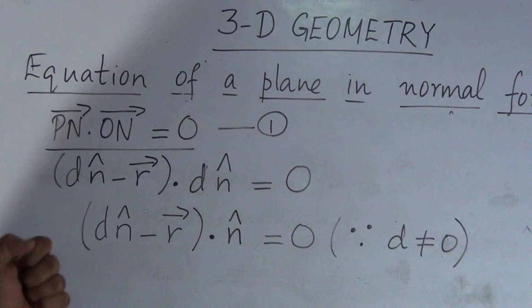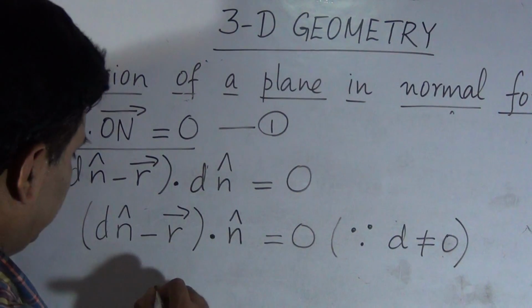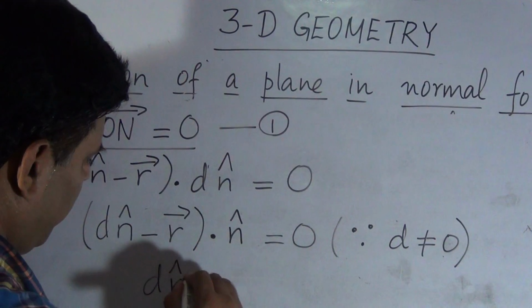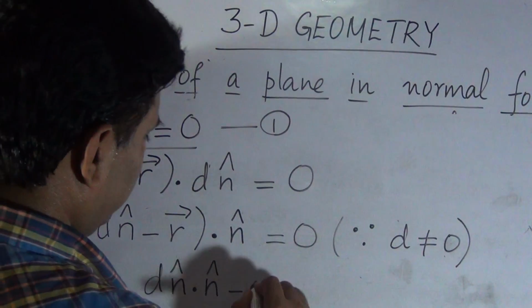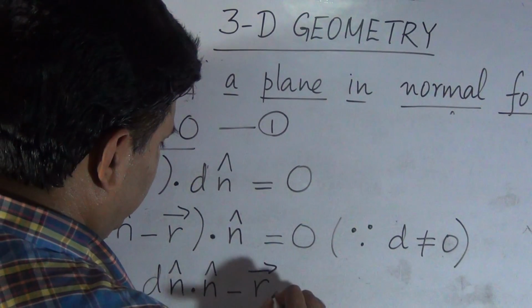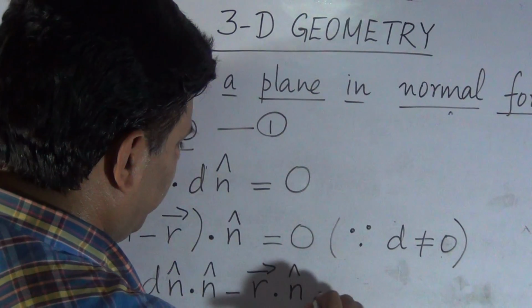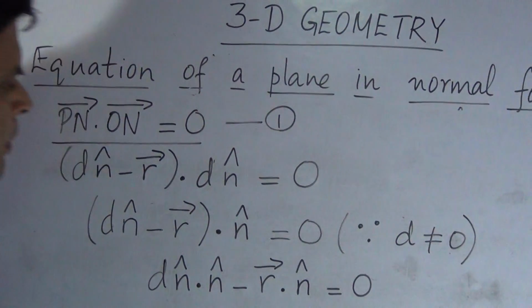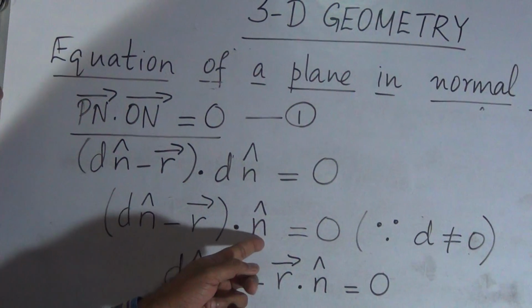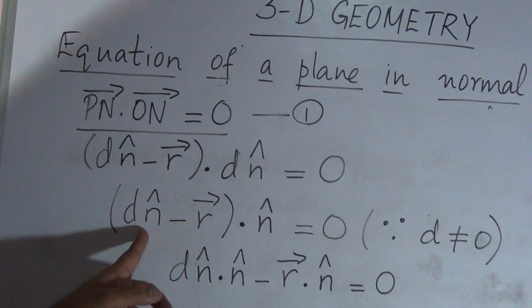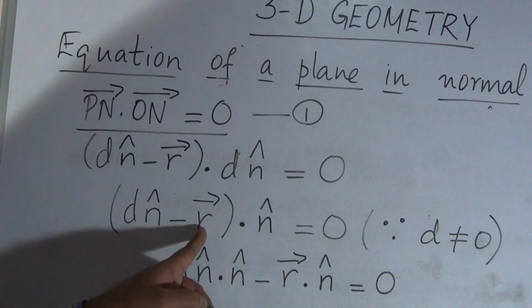I'm going to take dot product. So d n cap dot product with n cap minus R dot product with n cap should be equal to 0. All I have done is distribute n cap to the first term and the second term.